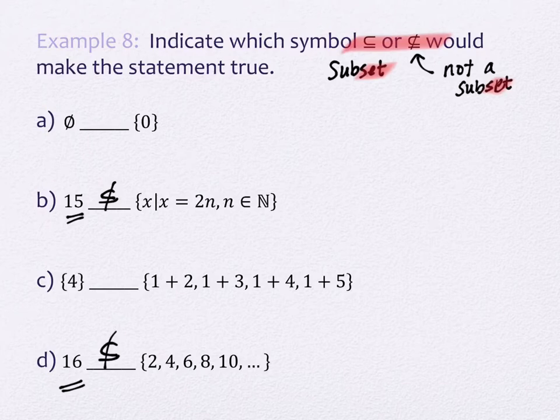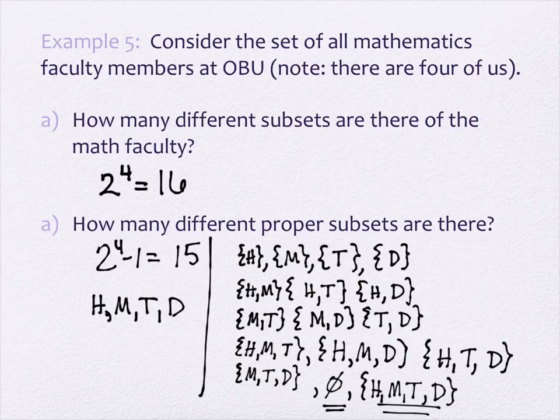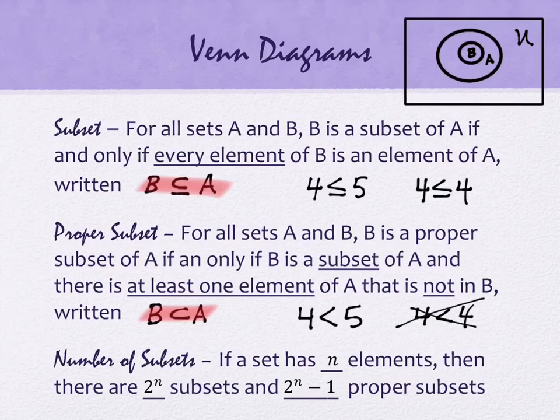They're not sets. Now, A and C are both sets. So now we have to actually decide, are they in fact subsets of what comes next? Subsets mean, and we'll go back to the definition real quick because it's been a little bit since we just looked at it, that for the set on the left, all the elements in it are also elements of what comes on the right. Everything in B has to be in A. Okay?